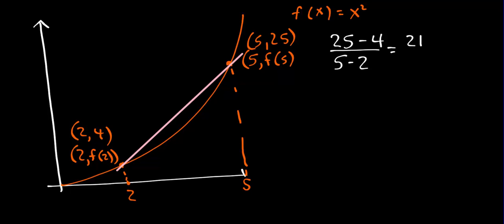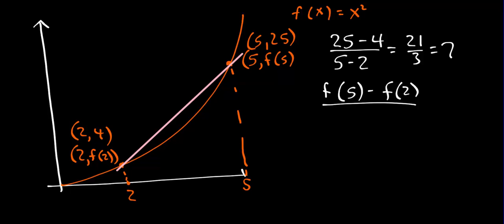So that's 21 over 3, which is 7. So the slope of that line is 7. And notice what we did. All we did was we just took f of 5 minus f of 2, which is 4, over 5 minus 2.